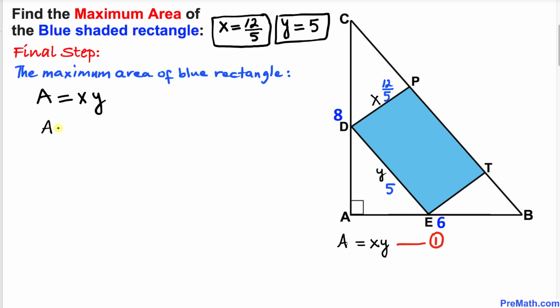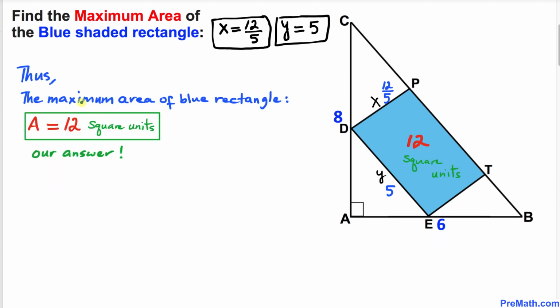So area equals x, in our case 12 divided by 5, times 5. And here this 5 and 5 is gone. So our area turns out to be 12 square units. So thus the maximum area of this blue rectangle turns out to be 12 square units, and that's our final answer.